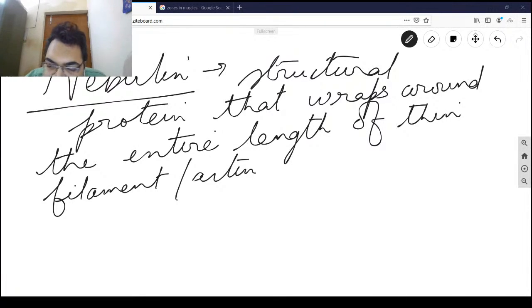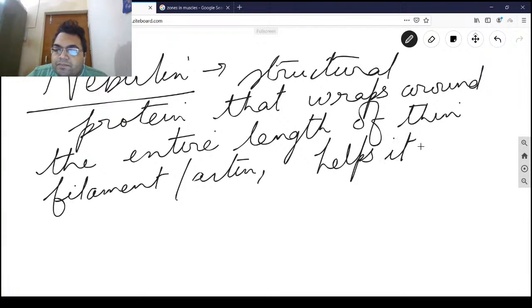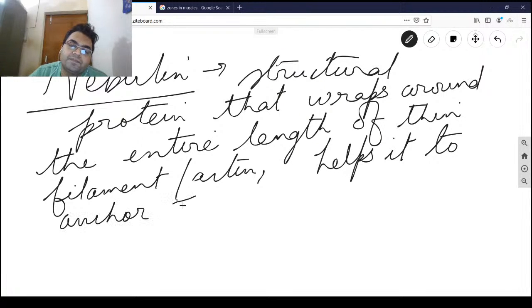So it helps anchor to the Z disc. Okay, and then what will be the application?